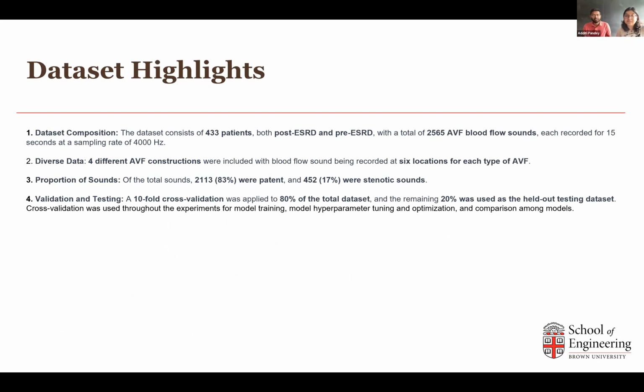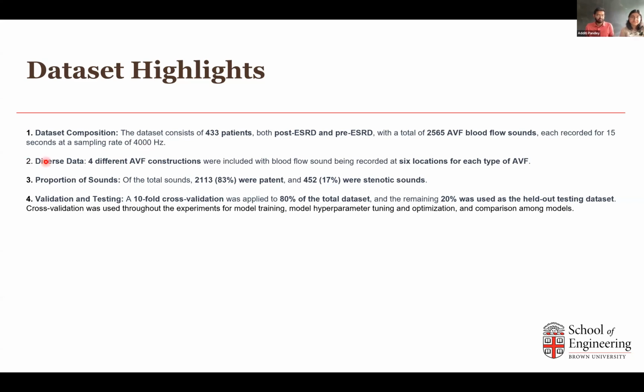Right, so now I'll have a look at the data. In the given study, the dataset considered was of 433 patients, including both post-ESRD, which is end-stage renal disease, and pre-ESRD. A total of 2,565 AVF blood flow sounds were recorded, each for 15 seconds at a sampling rate of 4,000 Hertz using a digital stethoscope.